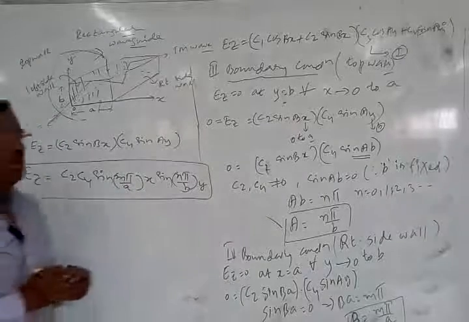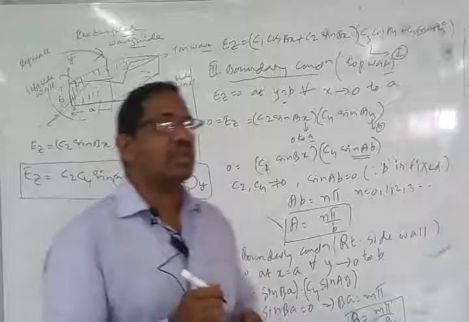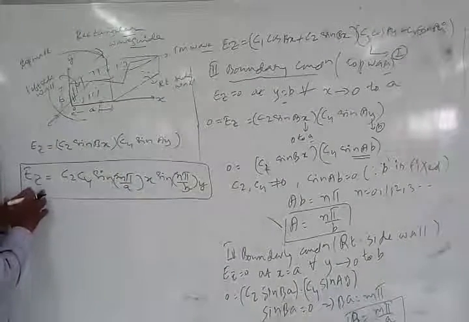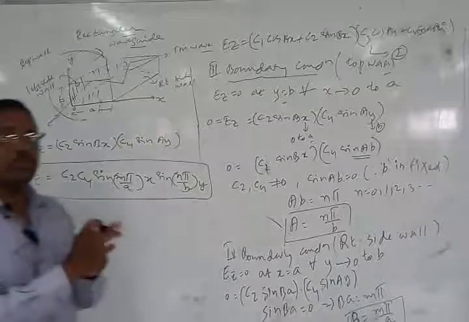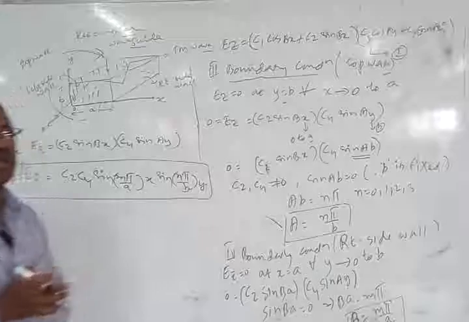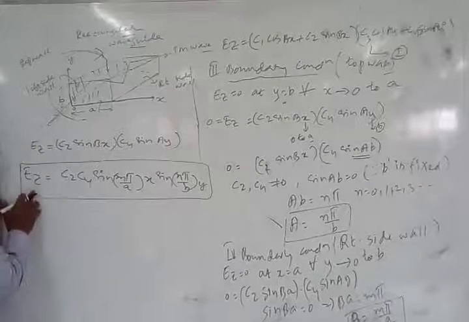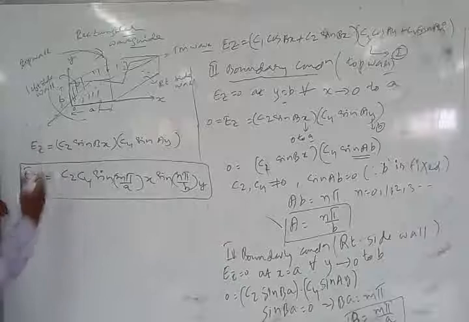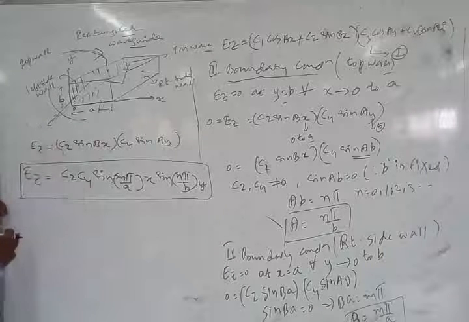Now if the electric field is time varying, what do we normally write? Here the electric field is time varying and also considered to be propagating along the z direction. Since it is propagating along z direction, I have to consider that propagation also.